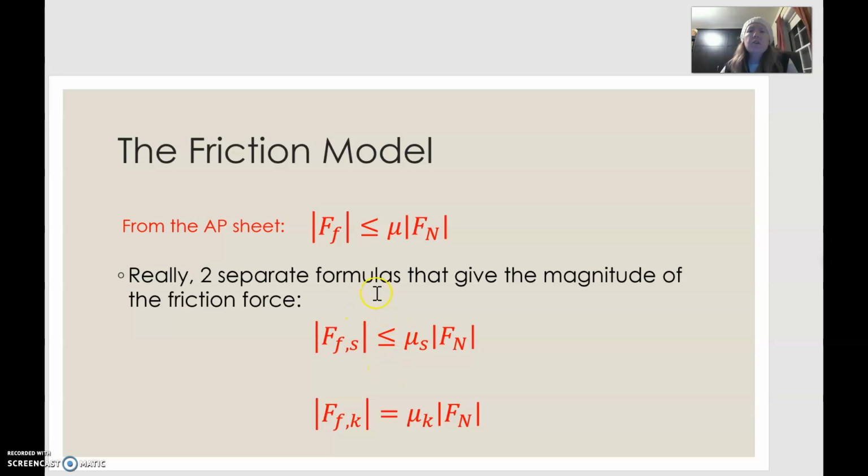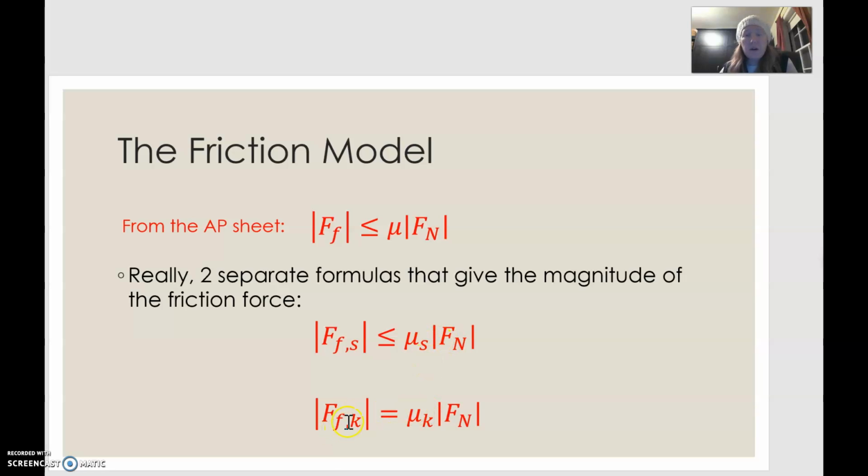And so you're going to see this inequality here, and really that applies in the case of static friction, which means it's less than or equal to mu s, which is like our slipperiness or stickiness factor. The bigger the mu, the stickier the two surfaces are to each other. And then also this depends on the normal force between the two surfaces.